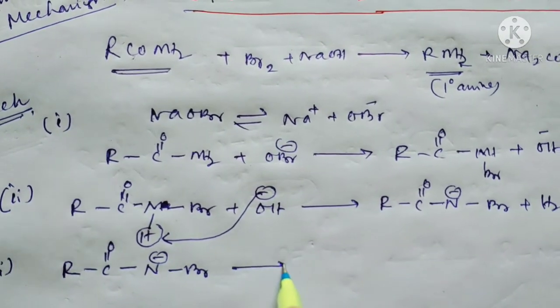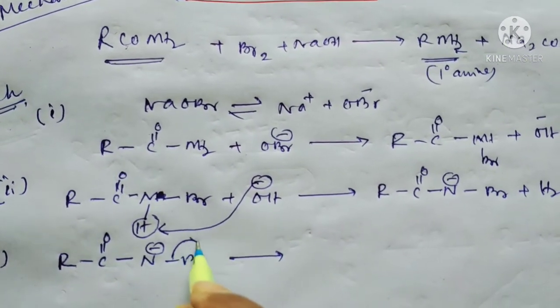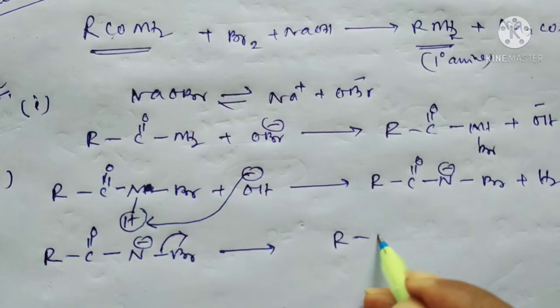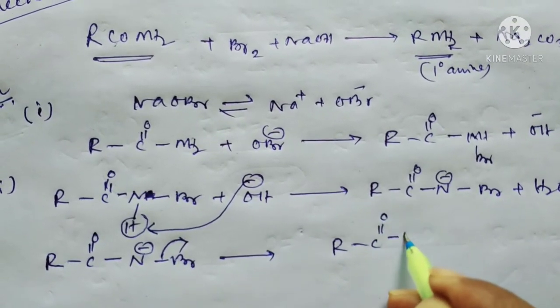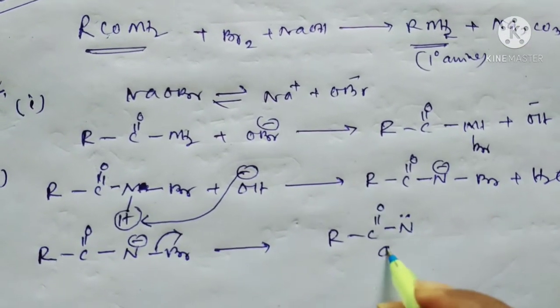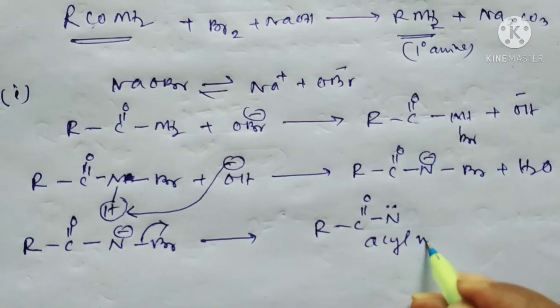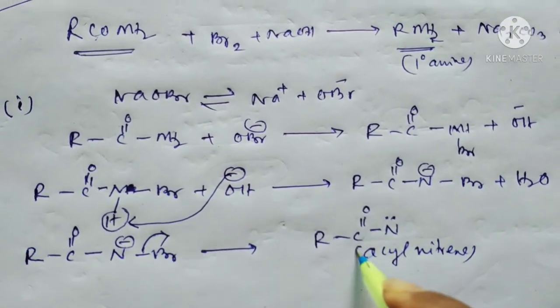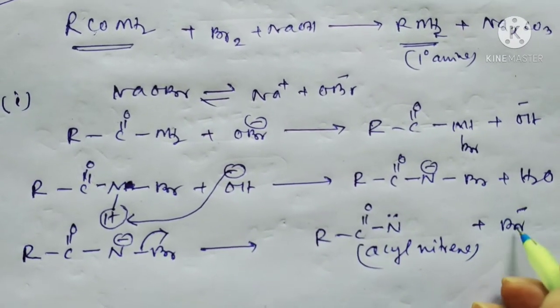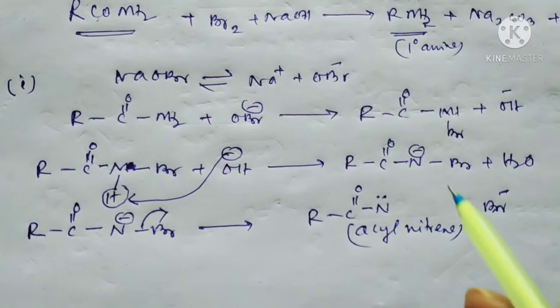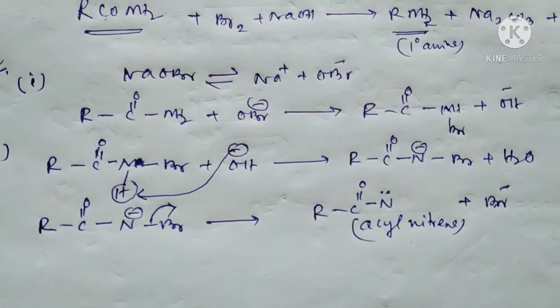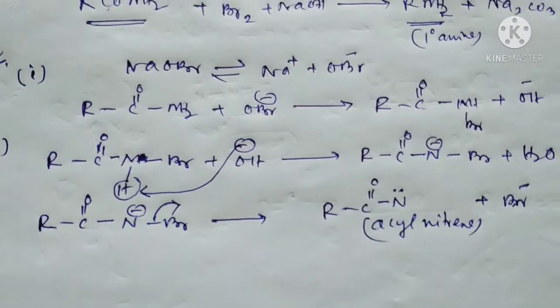Now this bromine is removed, giving RC double bond O N minus. This is our acyl nitrene. Okay, bromine gets out of the system again. Now this acyl nitrene is very unstable.